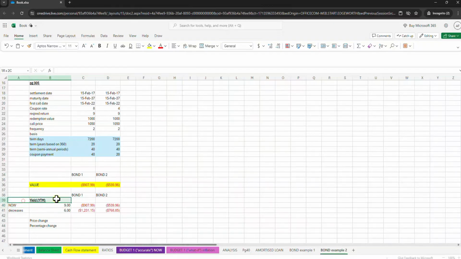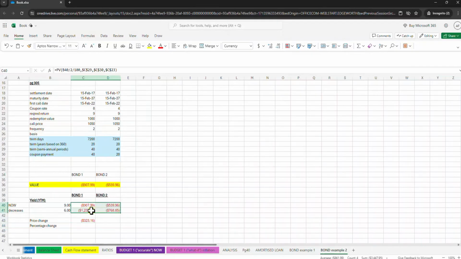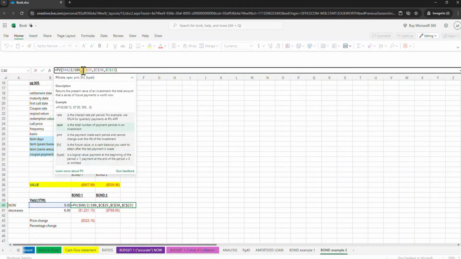So if we expect the yield to decrease by 3%, okay, we would expect the bond prices to increase by that margin. Okay, so the price change is the new price minus the old price. Okay, does it make sense? Yes. Okay, did the price increase or rise or fall? It actually rose. Okay, we need to change these around. Let's make these negatives. So we have a nice positive.